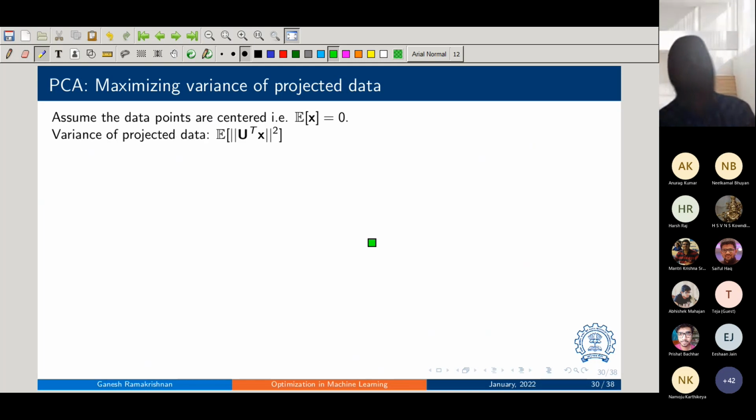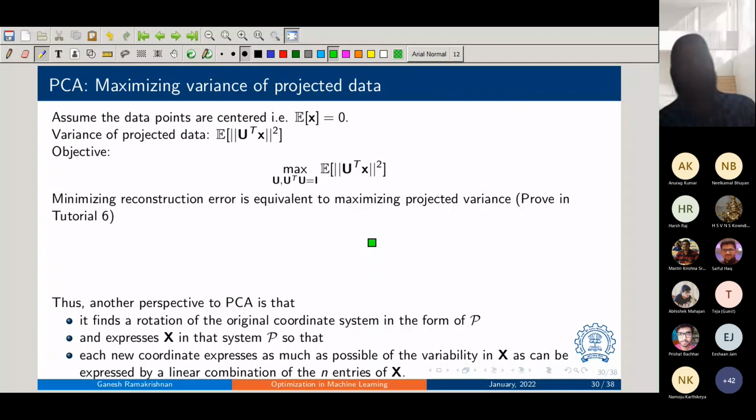If the data points are centered, you can look at the variance of the data post projection, and you want to find those directions which maximize the variance. So PCA finds the rotation of the original coordinate system in the form of P and expresses x in that system, so that each new coordinate expresses as much of the variability in x as can be expressed by a linear combination of the entries.